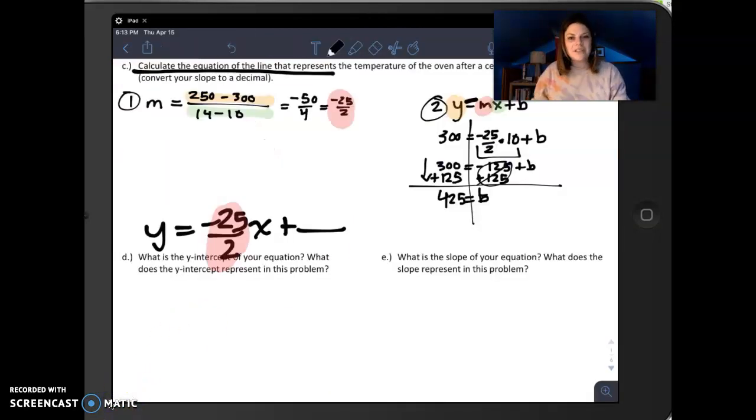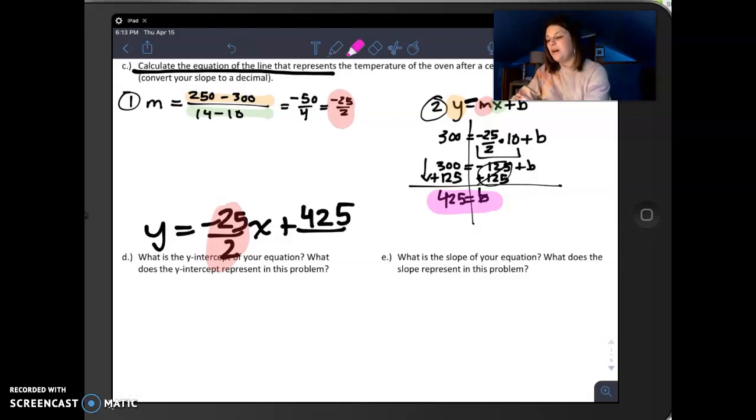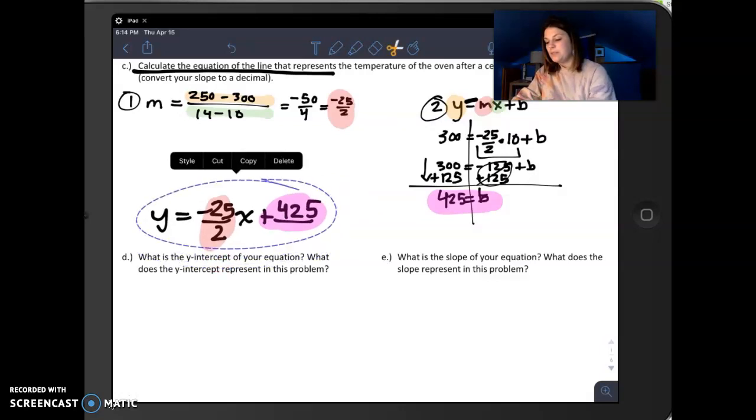Sorry, little glitch there. So now we have solved for our b value: 425 is equal to b, and b goes there. So we have found an equation and we answered our question. We are done.